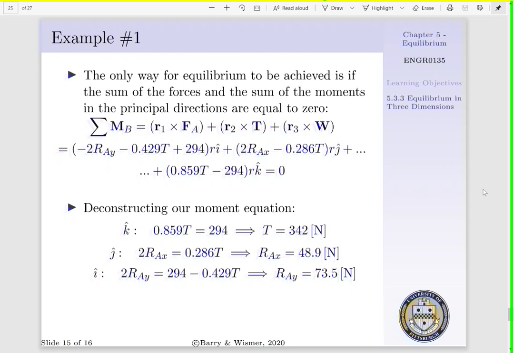Lastly, in the i hat direction, we'd have minus 2RAY minus 0.429T plus 294, quantity times R being equal to 0. Or we can say 2RAY is equal to 294 minus 0.429T. Solving for RAY, we have 73.5 newtons.